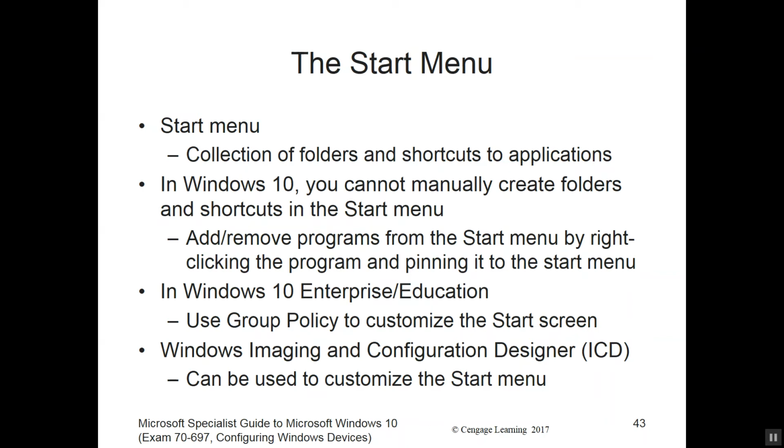You can do that in Windows 10, but you've got to go through the interface itself. In Windows 10 Enterprise and Education, they use group policy to customize the Start screen. Now, we've got Imaging and Configuration Designer. It can be used to customize the Start menu.